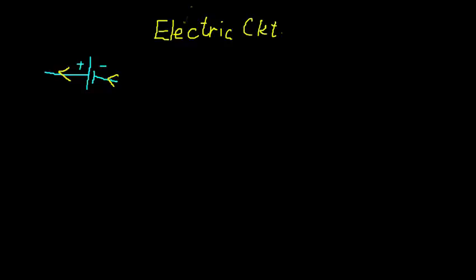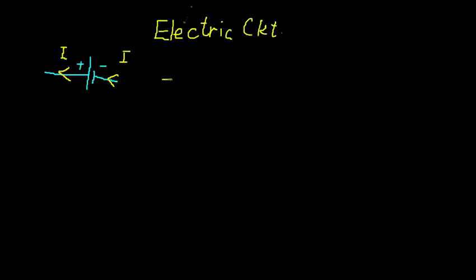What happens is whatever current leaves the positive terminal of the battery, we represent current by this symbol I in general, the same amount of current I enters the negative terminal of the battery always. We will understand how it happens through our mechanical analogy also.